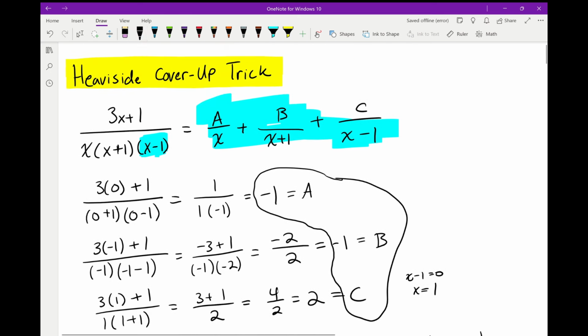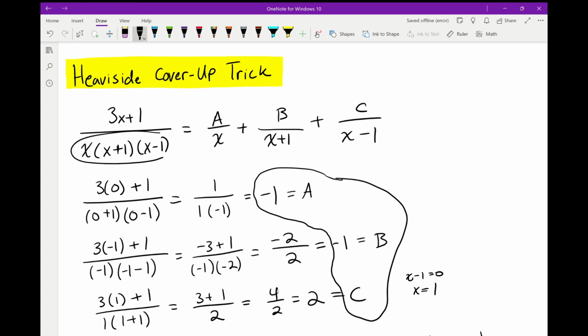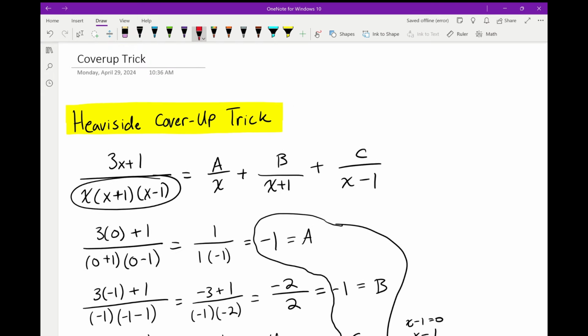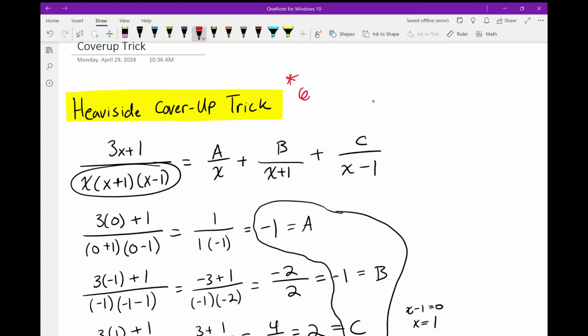Now I should mention something about this particular problem I've chosen here. You might notice that all of these are linear factors, and all of them are to the first power, and that's on purpose. The thing to note here is that this trick only works with linear factors to the first power.